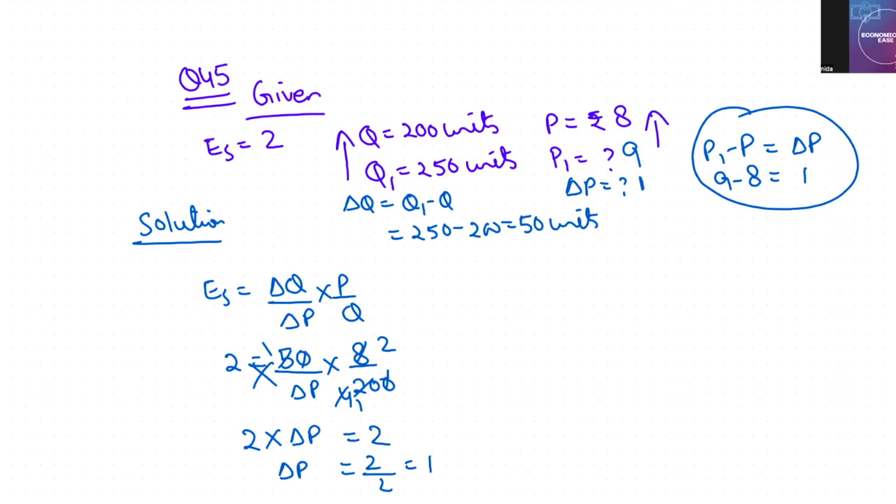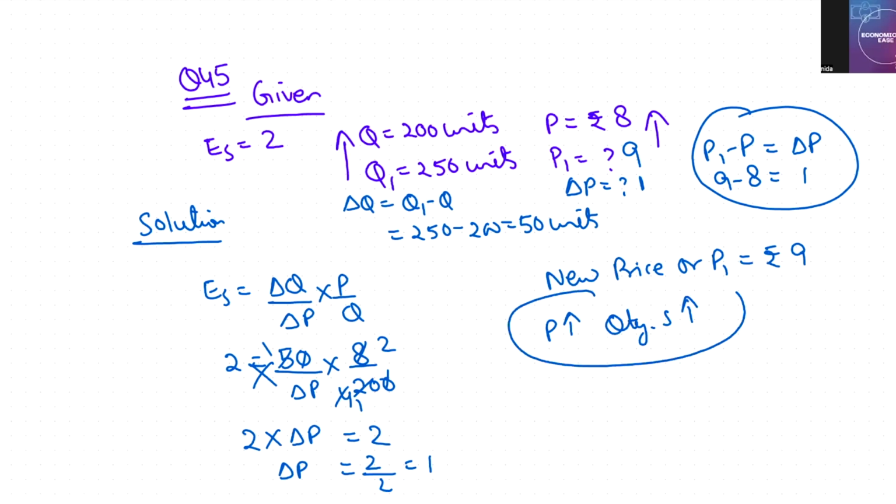Okay, so new price or P1 equals rupees 9, and as the price increases, quantity supplied also increases. This is the basic of supply. Okay, that is a direct relationship. Remember this. Okay, fine.